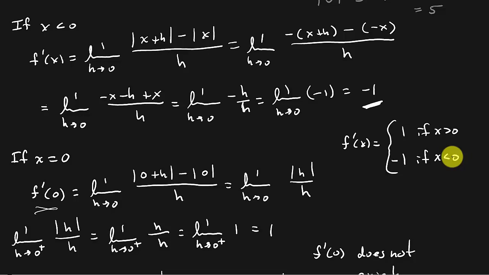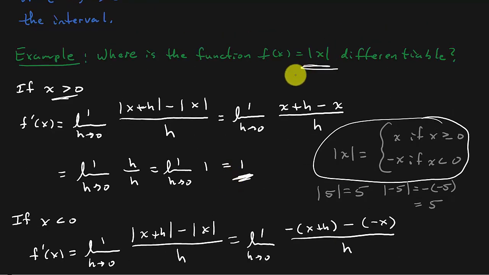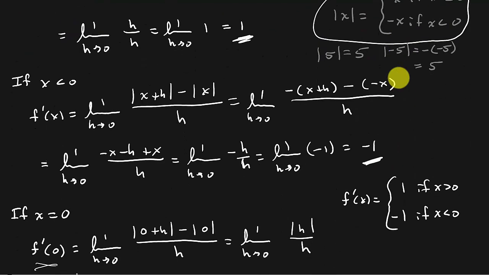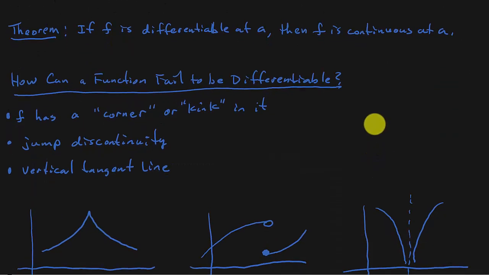And that's your function. And f prime of 0 does not exist. And what's f prime? Well, that's the derivative of the absolute value function.